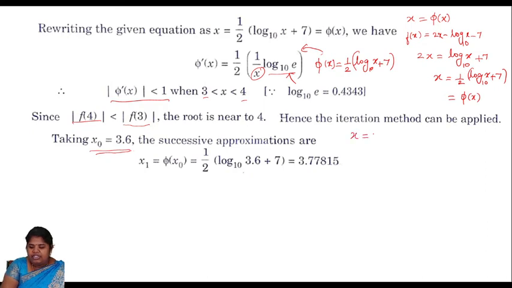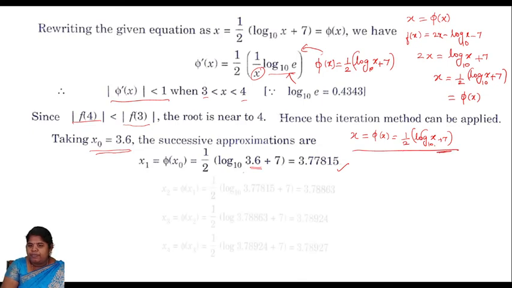So x is phi of x, equal to 1 by 2 (log x to the base 10 plus 7). Now this is our expression. In this expression, we should substitute the value of x naught. We get x1. So x1 equal to 1 by 2 (log to the base 10 of 3.6, our x naught, plus 7). After solving, we get 3.77815.